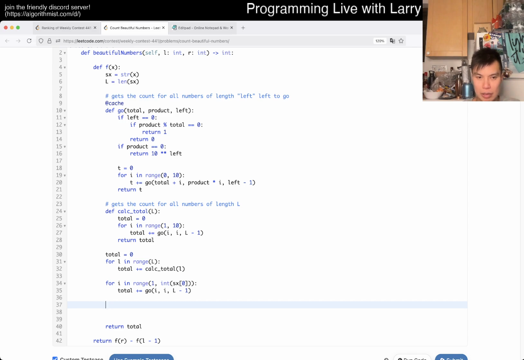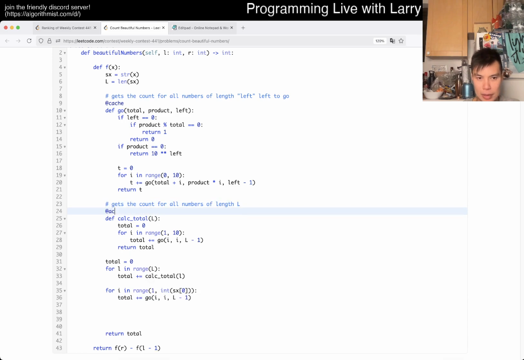I think this is a calc total anyway, but yeah, I think this is wrong. I don't know if it's wrong, but it. Oh no, it's not a calc total because it starts off at 0. So okay, so I think this is fine. I mean, it gets memoized anyway, I think.